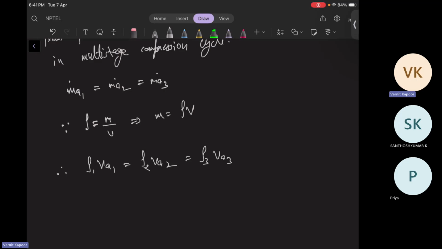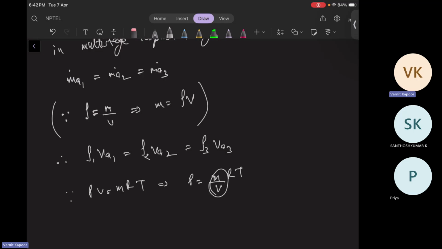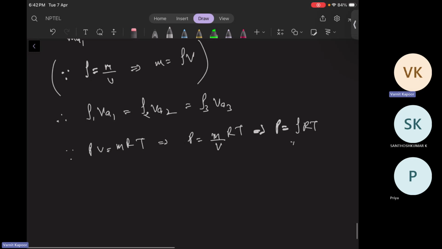And how will you get your rho? Since we know that PV is equal to mRT, pressure can be written as (m by volume) RT, and mass by volume is nothing but your density. So pressure is rho RT, and finally we can say that density is nothing but P by RT.